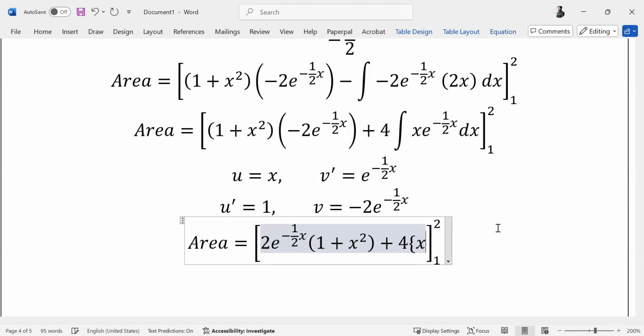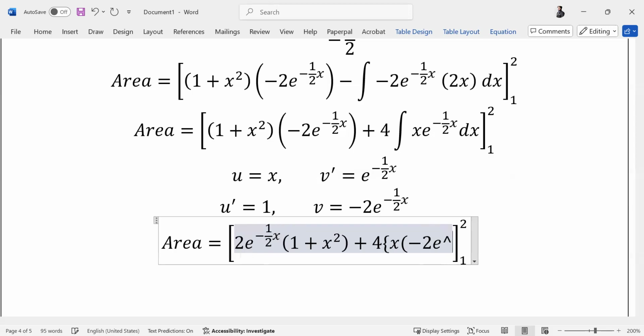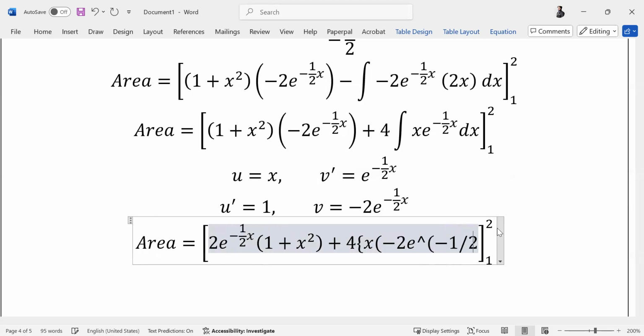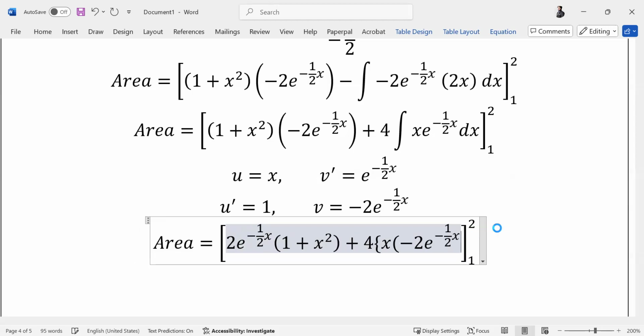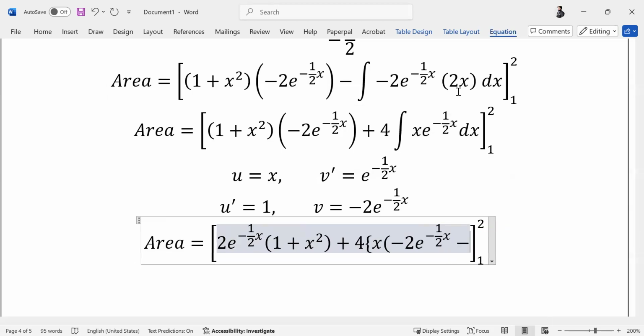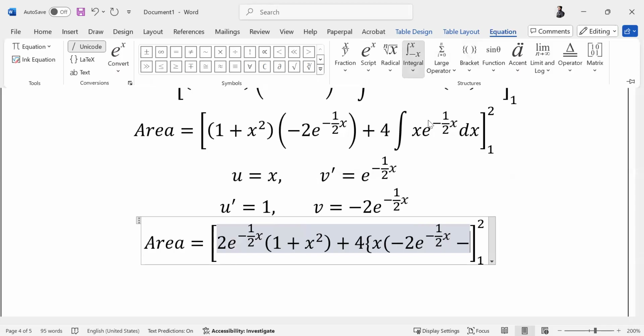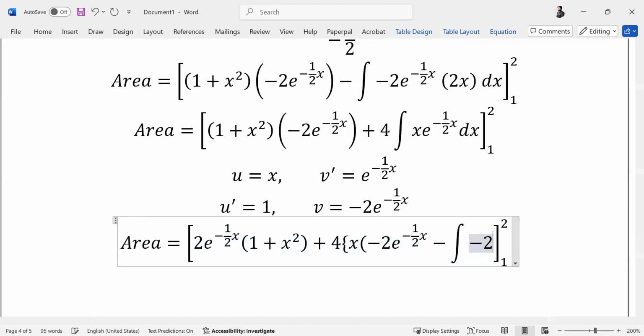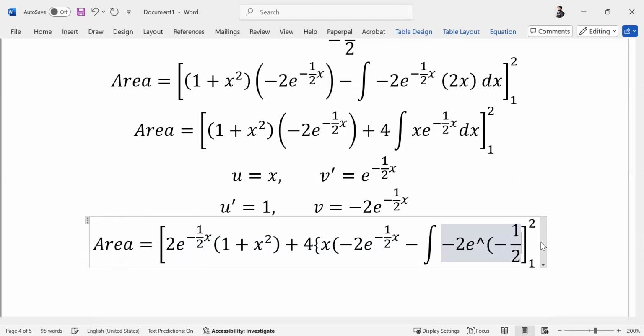U into v minus integral of v u dash, minus 2e to the power.